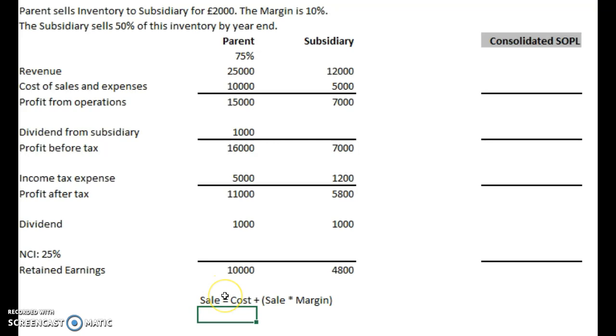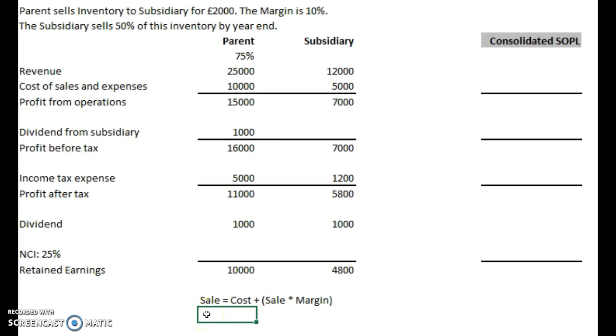The cost price is an unknown figure at this stage, but the way margin is calculated, it's a percentage of the total sale price, and that's different from markup, which we'll look at in the next example. Just be aware of the difference between margin and markup. Quite a common mistake to make.